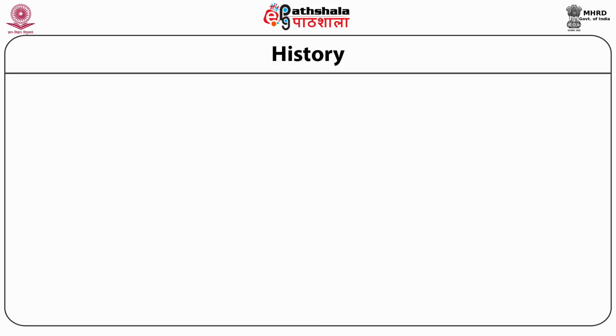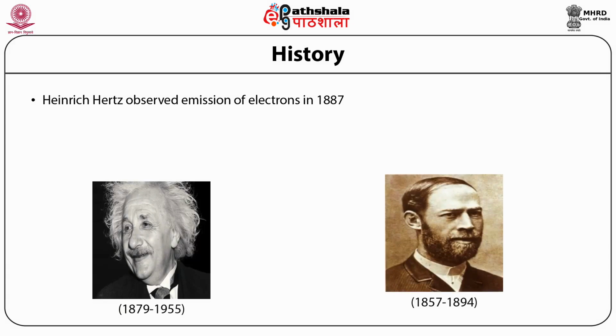Let us now discuss the history of X-ray photoelectron spectroscopy. Firstly, Heinrich Hertz observed the emission of electrons in 1887 when he got an electric spark after illuminating electrodes with ultraviolet light.